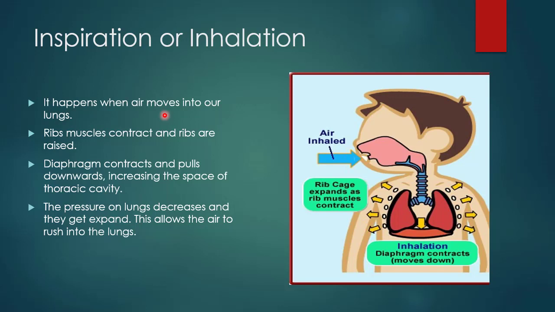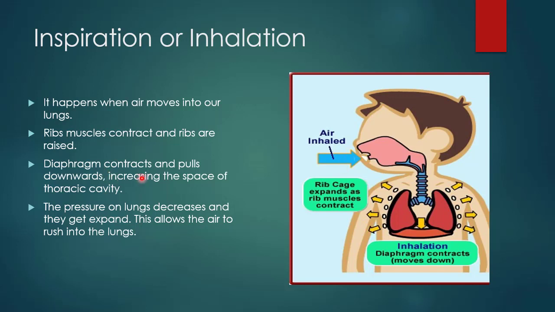Now there are two very important movements which control this procedure: the movement of rib muscles and the movement of diaphragm. The rib muscles contract and the ribs are raised, as you can see in this diagram. जब rib muscles contract होंगे तो rib cage अपनी actual position से थोड़ा raised up हो जाएगा.